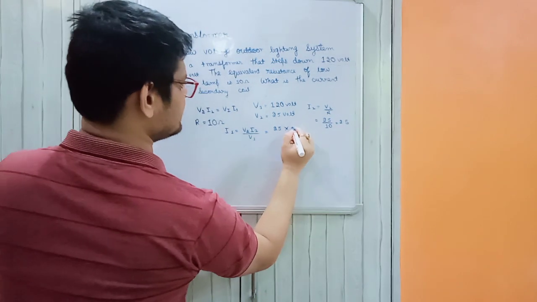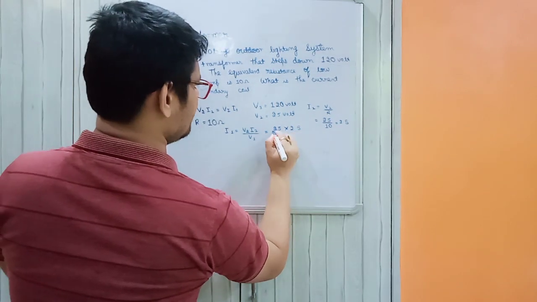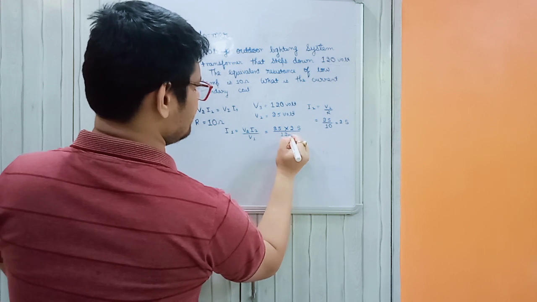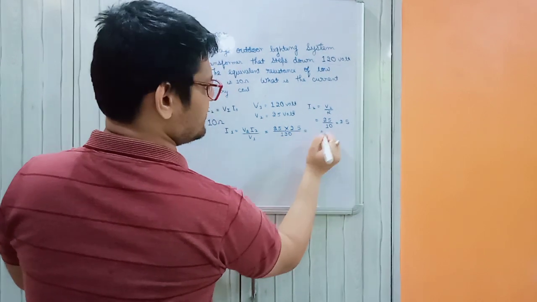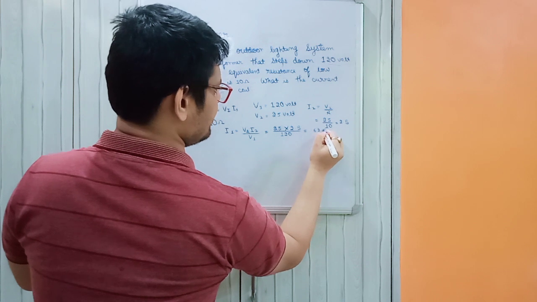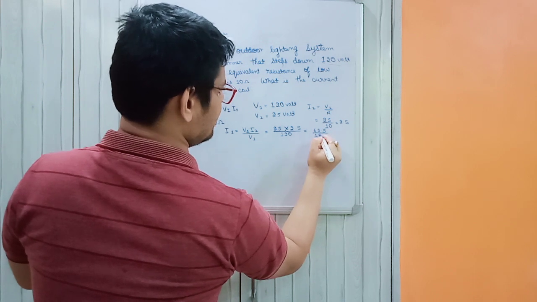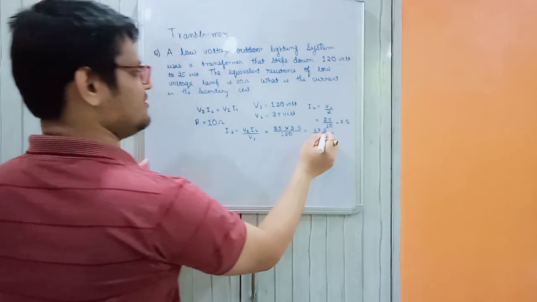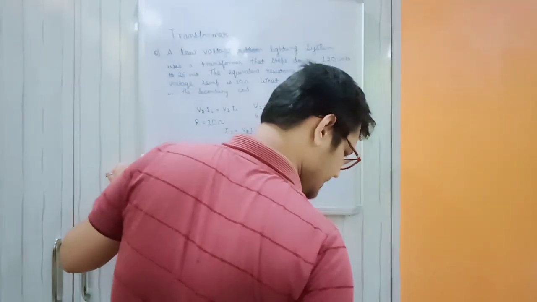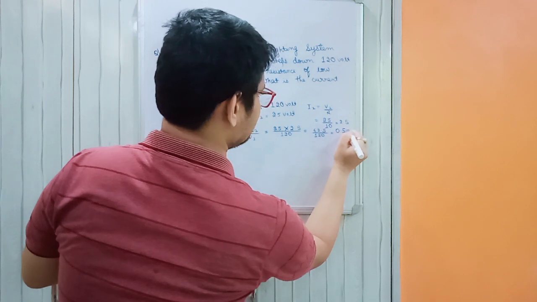So here we can just add 2.5, multiplied by V2 of 25, therefore 62.5, divided by V1, which is 120 volt. If we just divide 62.5 by 120, the answer will be around 0.5 ampere.